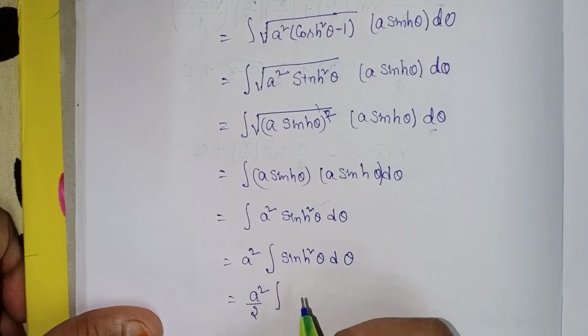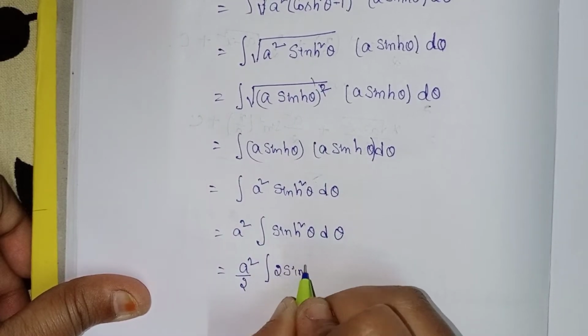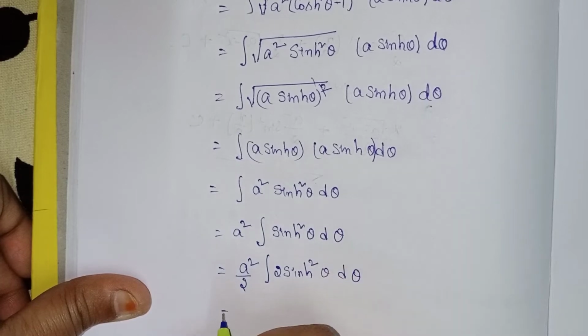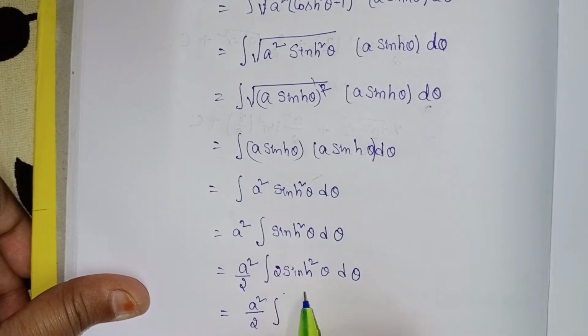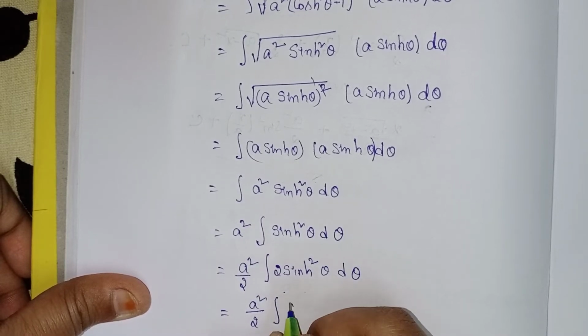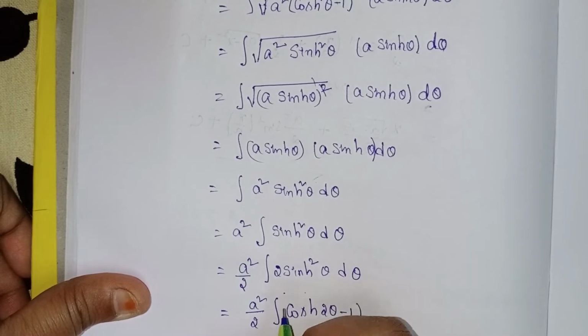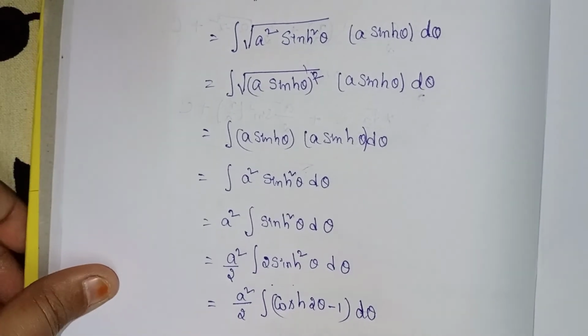So you can write 1 by 2 outside, inside 2 into sin h square theta d theta. a square by 2 into integral, 2 into sin h square theta is cos h 2 theta minus 1, formula, d theta.